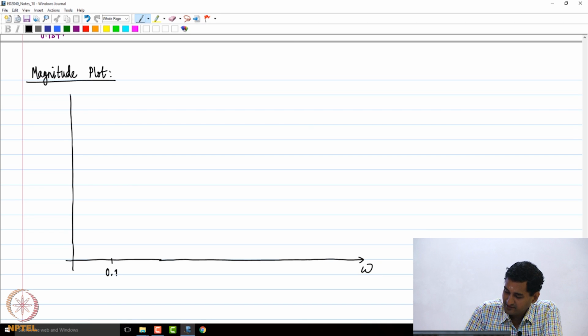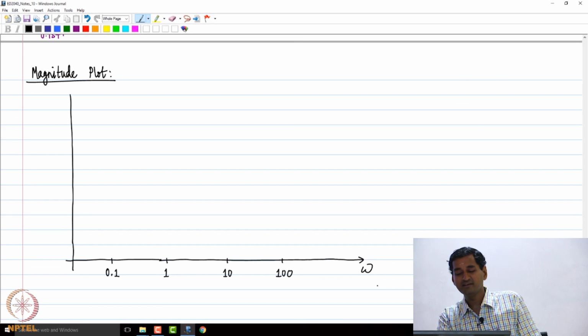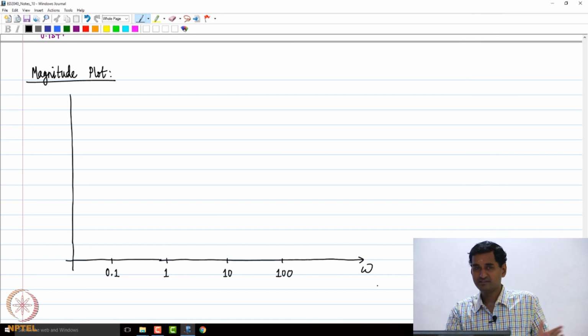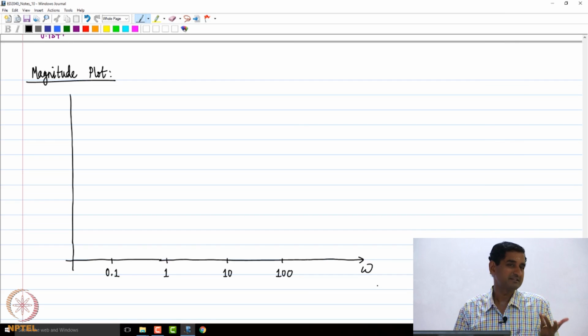Of course 1 and 10 are going to be my corner frequencies. So I consider a frequency range typically 1 decade below and 1 decade above the corner frequencies. That's typically the choice of range that we by and large consider. It's a rule of thumb. You can go for a larger range also, no issues with that.